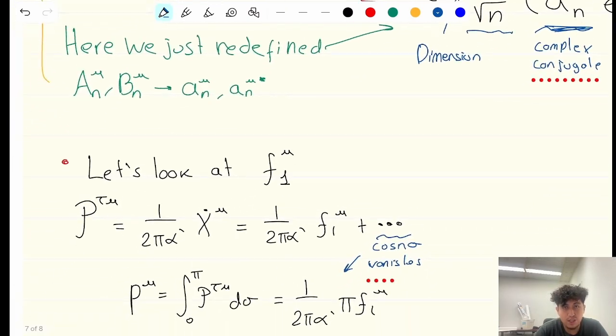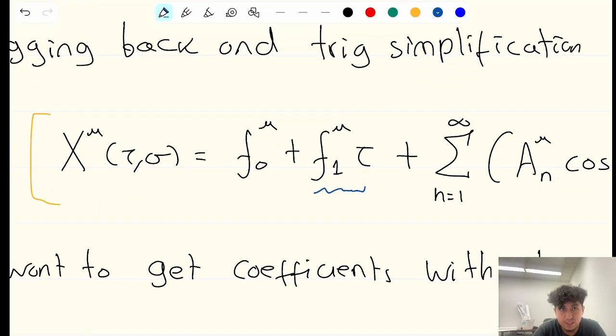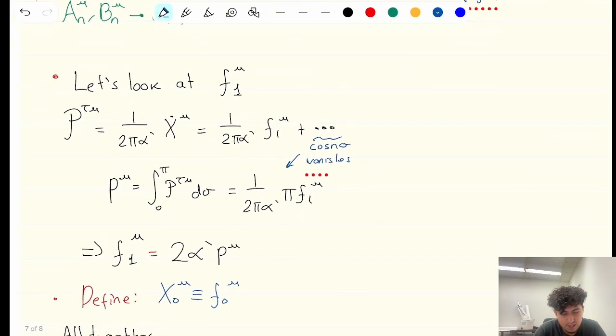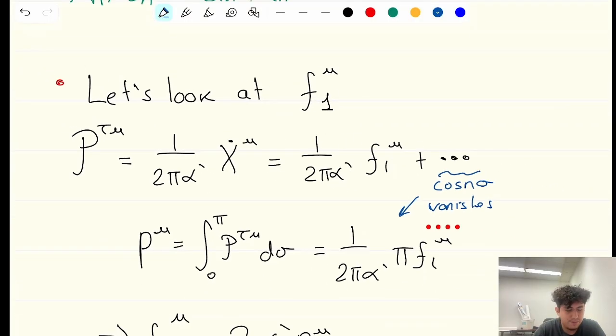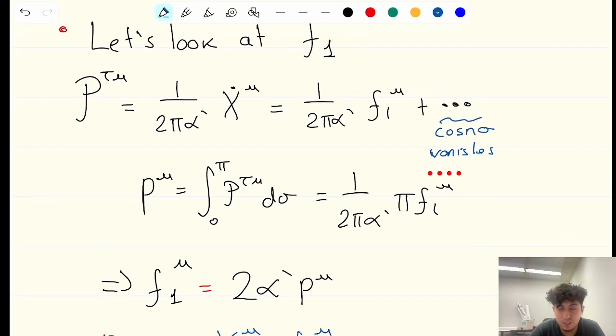So now let me look at the first mode, or F1, that was this constant that we had here. If you take the momentum density, then you can calculate it. You're gonna get this quantity plus some cosine and sigma, which is gonna vanish when we integrate for the momentum. We're just trying to find the momentum, which is the integral of the momentum density.